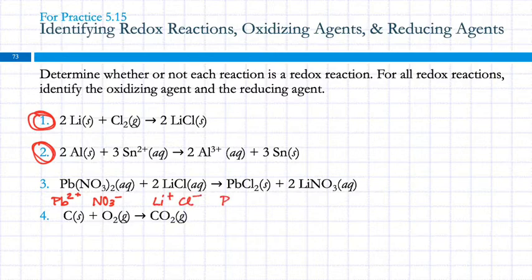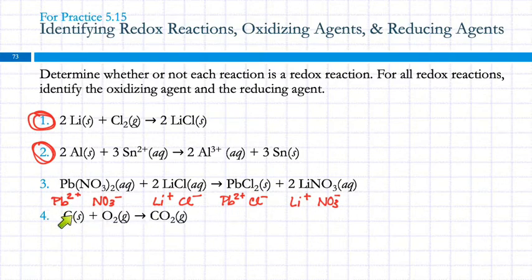And then over here, we've just swapped partners. We just switched partners. We didn't actually change what the ions were. This is still lead 2. It was lead 2 over here.